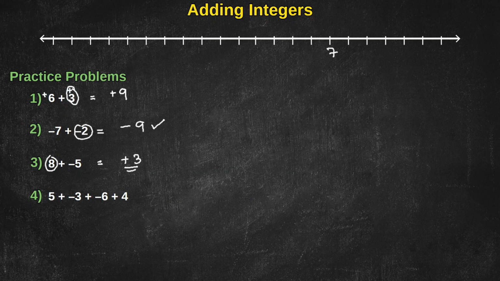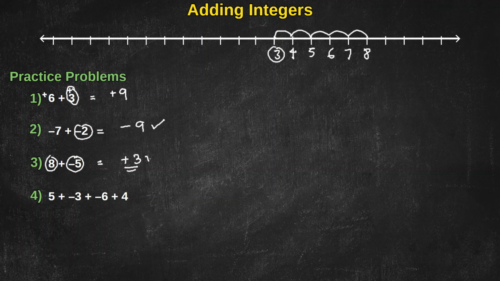You can locate anywhere and write the number 8. Now, because it's negative, we move towards the right. Let's move 5 digits. 1, 2, 3, 4, 5. 7, 6, 5, 4, 3.